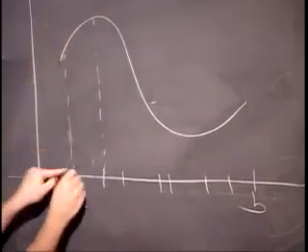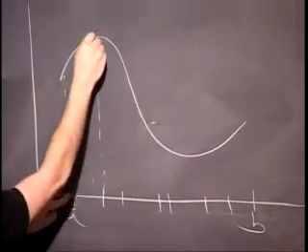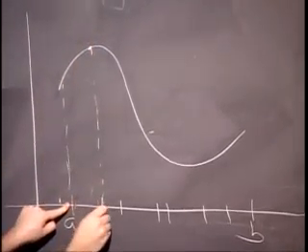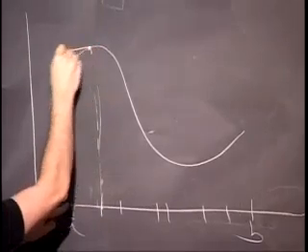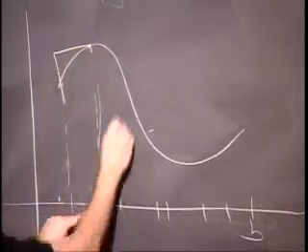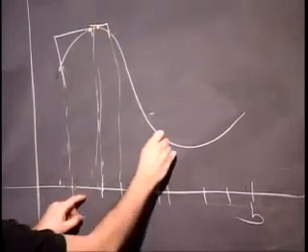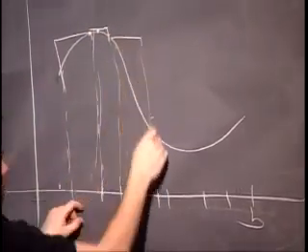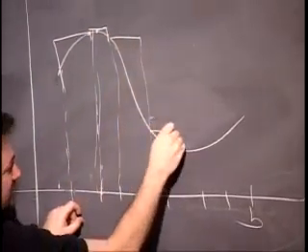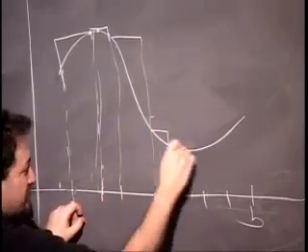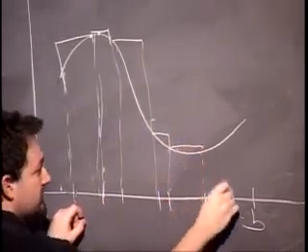So between here and here, I'm going to choose this point here because this is the maximum. That will lead to this strip. Between here and here, the maximum's in here. Here and here, the maximum's there. Here and here, the maximum looks like here. There, the maximum might be there.